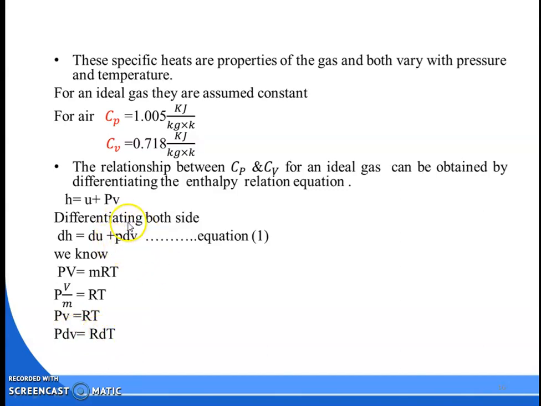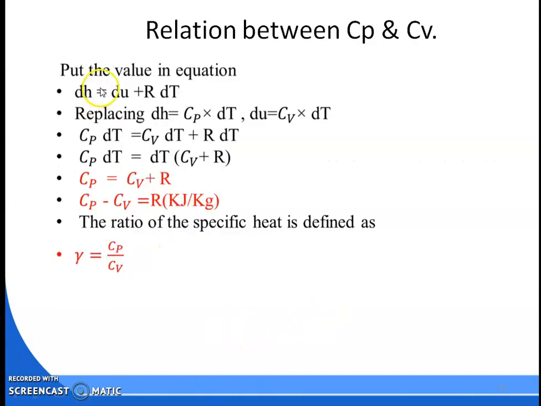So in place of P dv, we can write R dT. So dh is equal to du plus R dT. What is dh? dh is equal to Cp dT. What is du? du is equal to Cv dT. Cp is equal to dh by dT, Cv is equal to du by dT. So change in enthalpy is equal to Cp dT, and change in internal energy is equal to Cv dT.